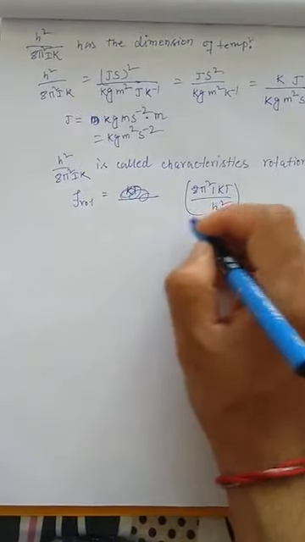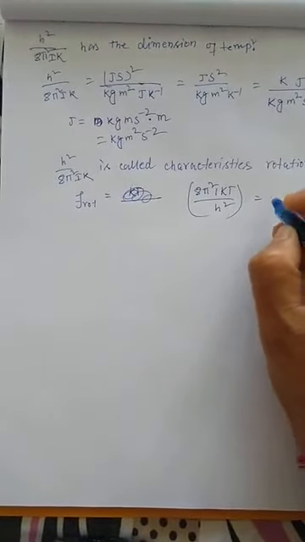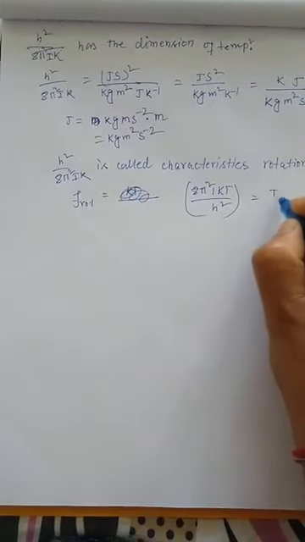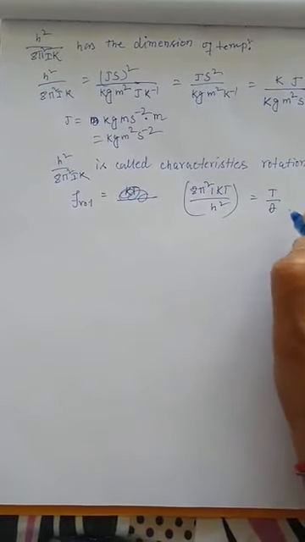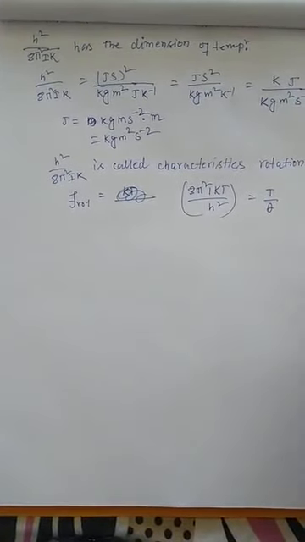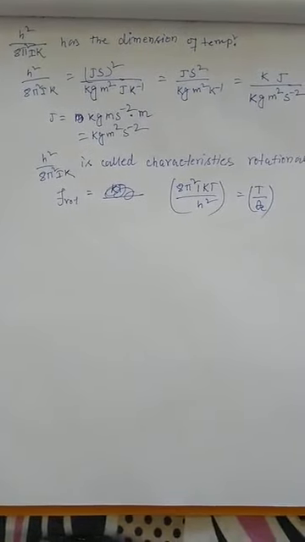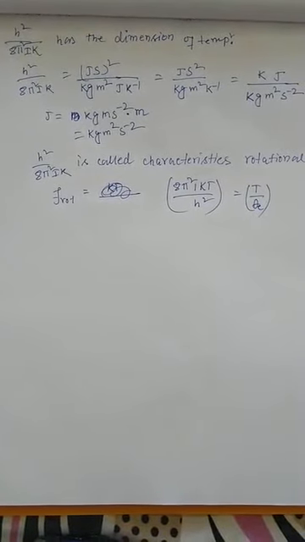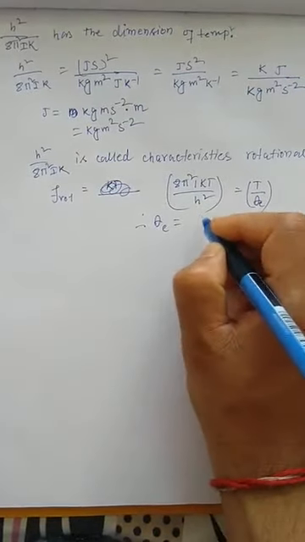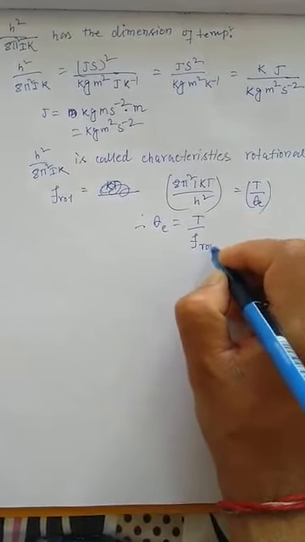That was the term of the rotational partition function. We know that h square by 8 pi square I into k has the dimension of temperature, is known as the characteristic rotational temperature, and is denoted by theta c. So f rotational becomes T by theta c.